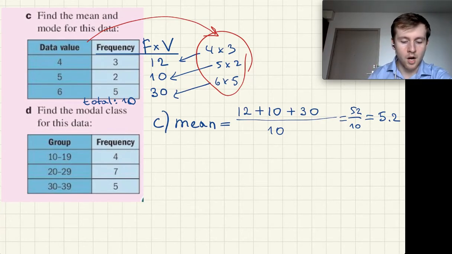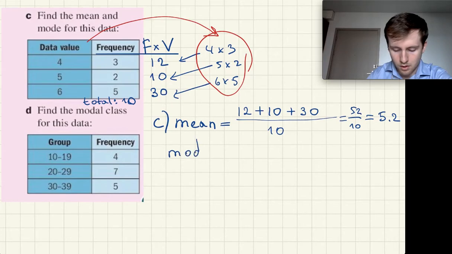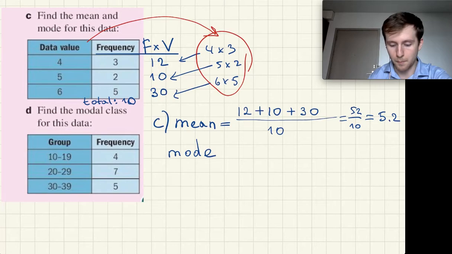And we can find the mode for this data: it is the data value with the most frequency.